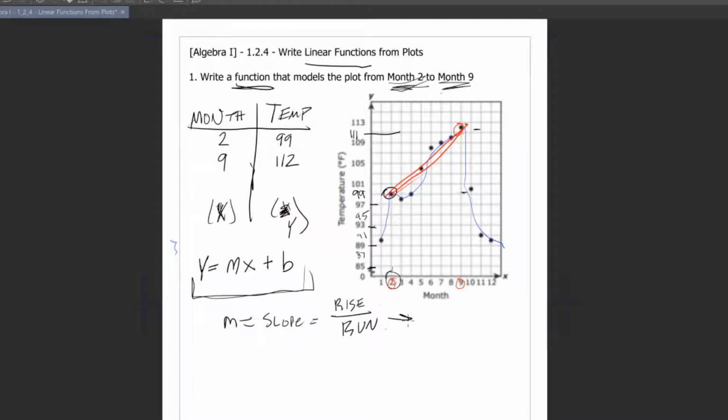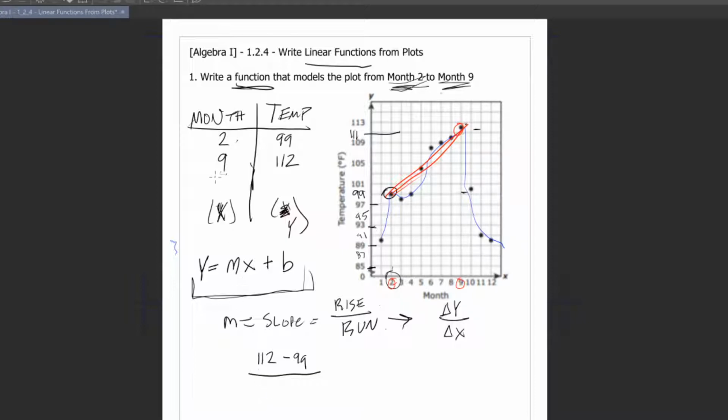So rise over run can also be seen as delta y over delta x, or the change in y over the change in x, right? So for this problem, the change in y is given as 112, because that is the value at x equals 9, minus 99, which is the value at x equals 2.